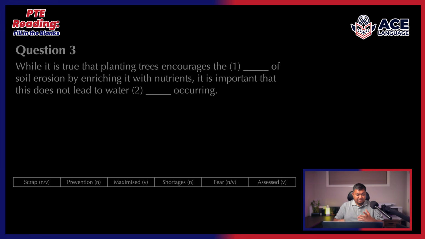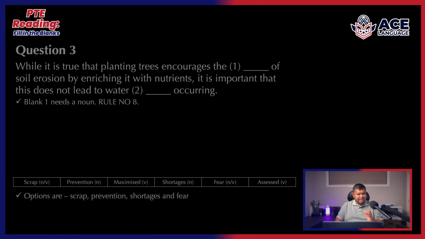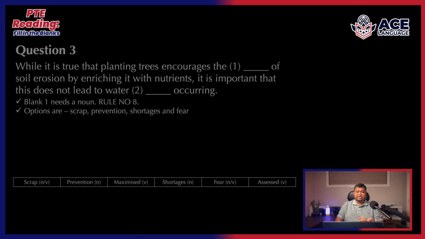Now, if I look at the first sentence, it says: while it is true that planting trees encourages the dash of soil erosion by enriching it with nutrients. Here I need a noun after the, right? Remember our rule number 8. And as I need a noun, I have options like scrap, prevention, shortages, and fear.